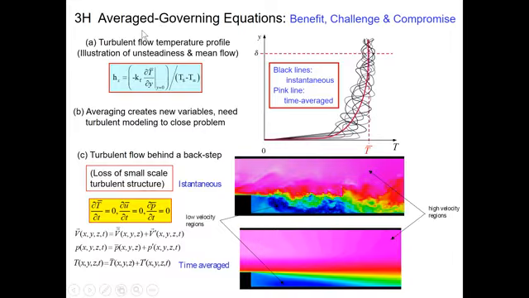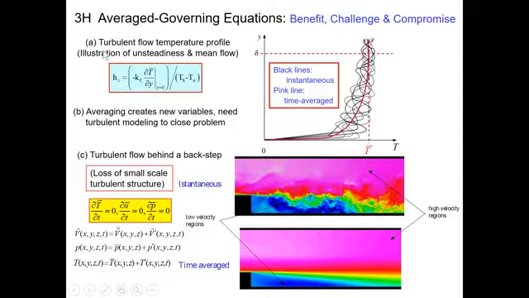Finally, we take a final look at the averaged governing equation by checking its benefit, challenge, and compromise. This is a plot representing temperature versus distance, and the black lines represent instantaneous temperature, and the pink line represents the time averaged temperature for the mean flow.